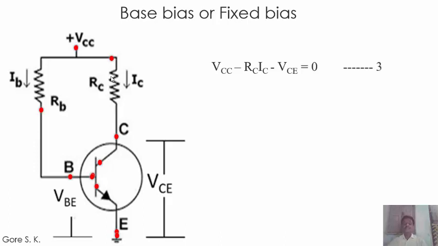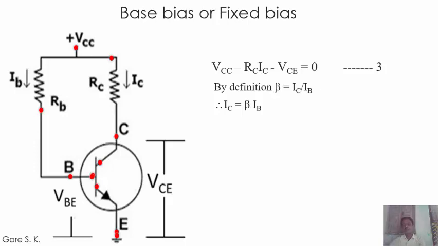Before rewriting this equation, we must know about beta. Beta is nothing but the current gain of this transistor. Beta is equal to IC divided by IB. Therefore, IC is equal to beta into IB.